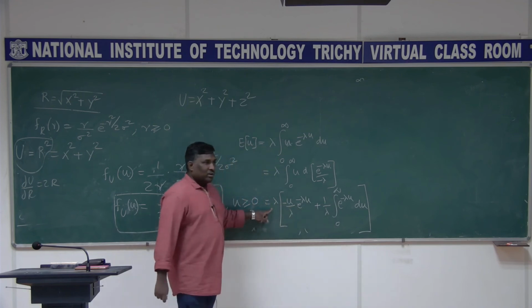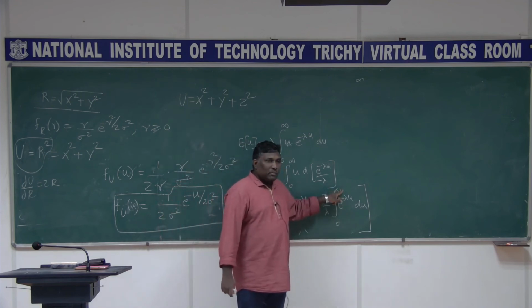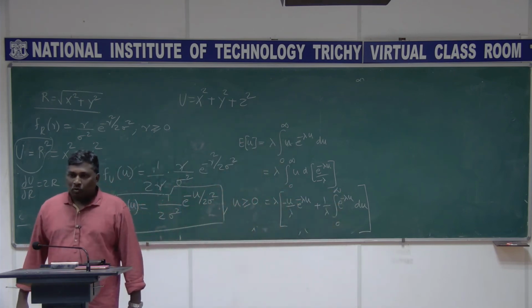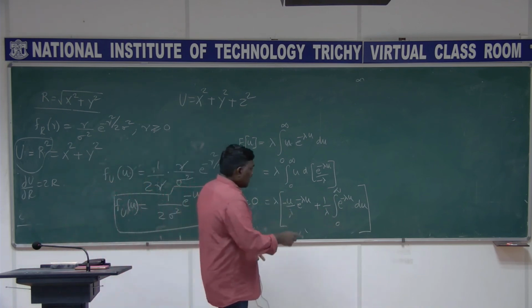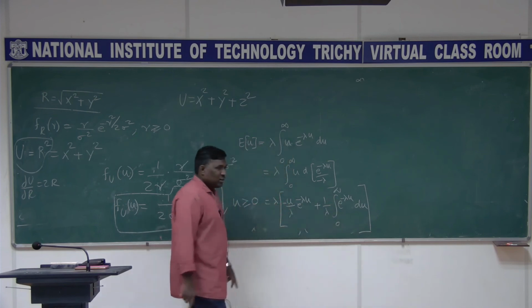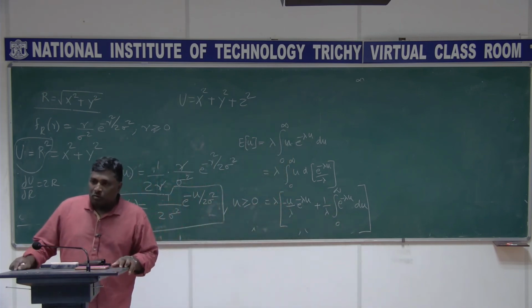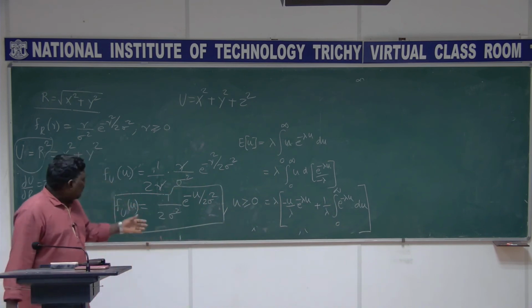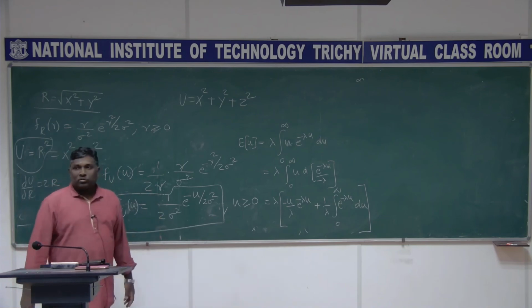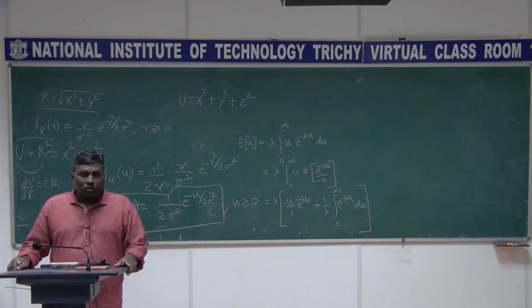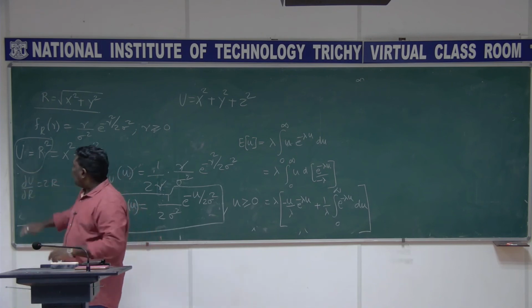Applying the limits, the upper limit becomes 0 and the lower limit becomes 1. You already have a minus, so 1 by lambda square, and with the lambda in front, it becomes 1 by lambda. What he said is right. In this case, the lambda I have chosen is 1 by 2 sigma square, so the mean is 1 by lambda, that is 2 sigma square. That is right. So you have this random variable U, which is of what?